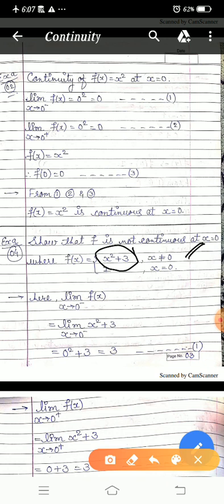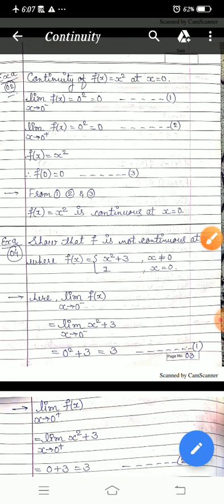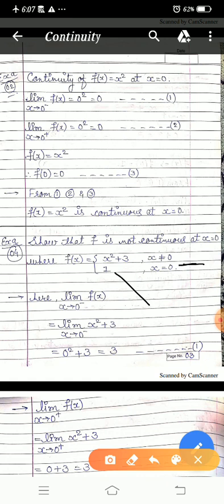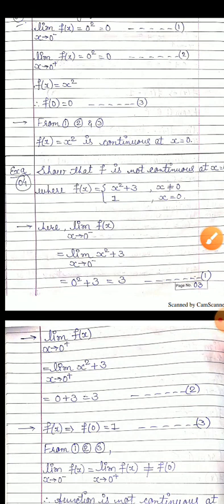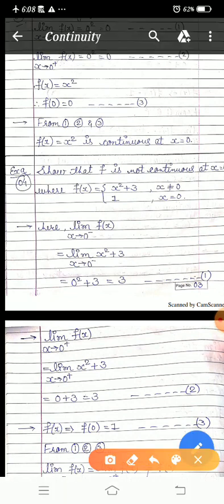So for the two limits, the left hand side limit and the right hand side limit, our function will be x square plus 3, while for the value of the function at the given point, the value of f of x will be 1. So first of all we take the left hand side limit. The left hand side limit is indicated by limit x tends to 0 minus f of x.